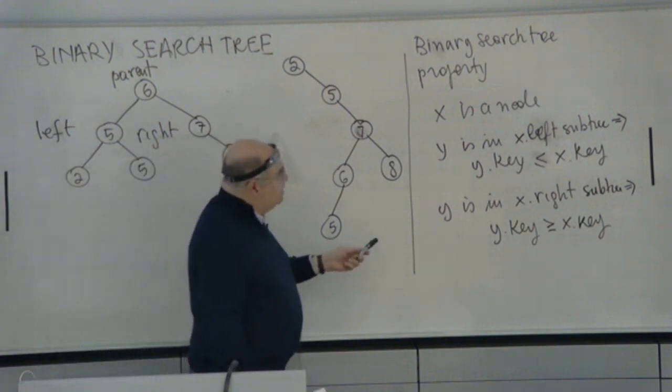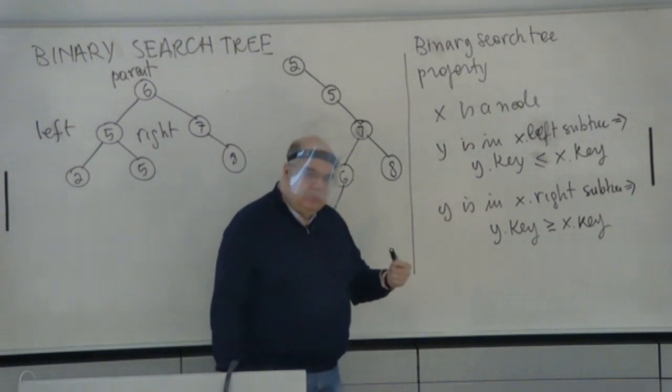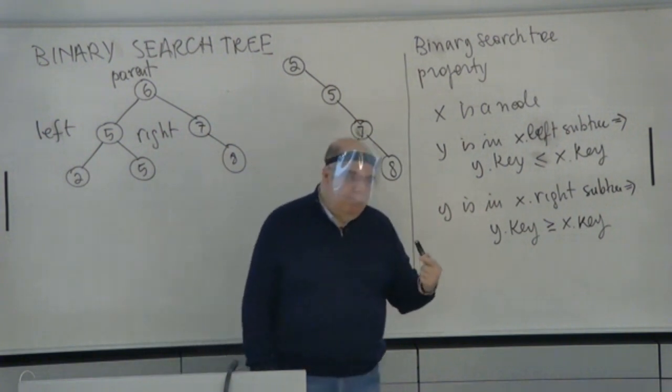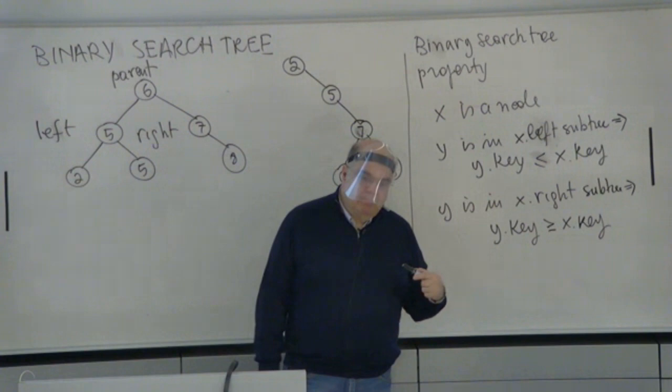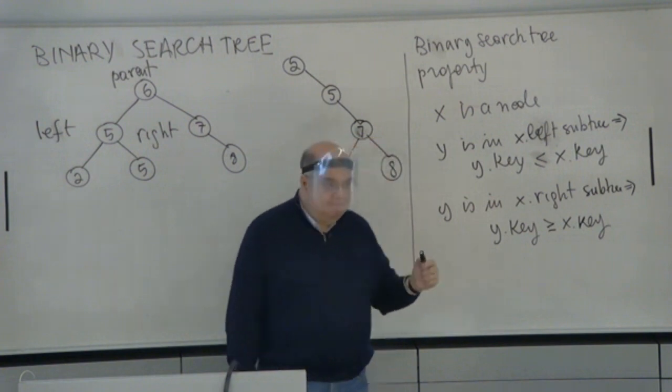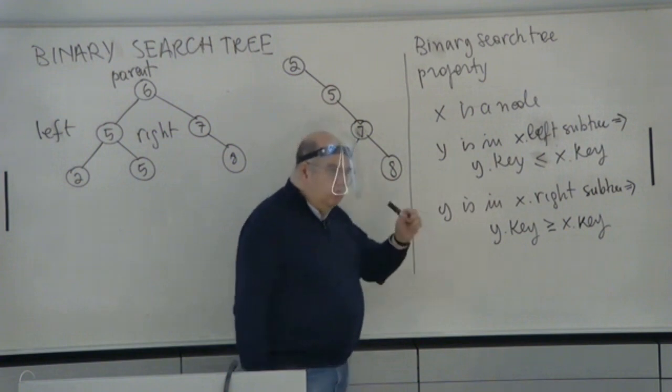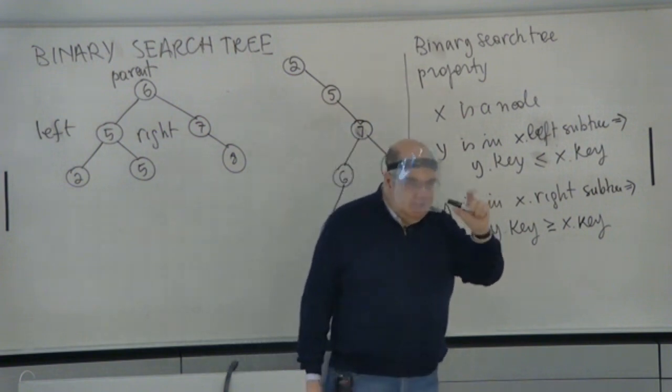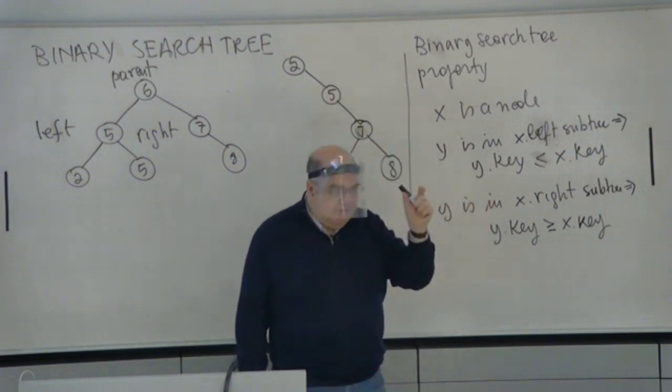And the defining property, as you see, is far more rich than the one that defines the binary heap. With the binary heap, where you had only the reference between, say, the link between a node and a parent, okay?